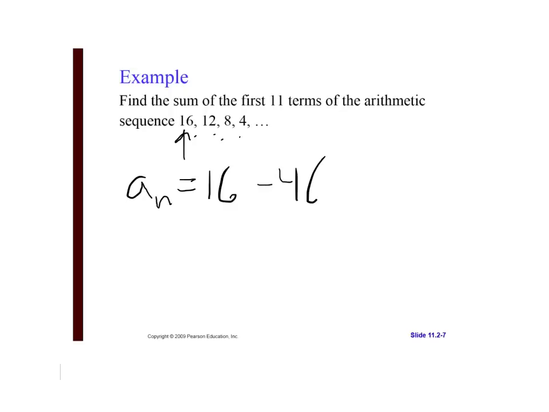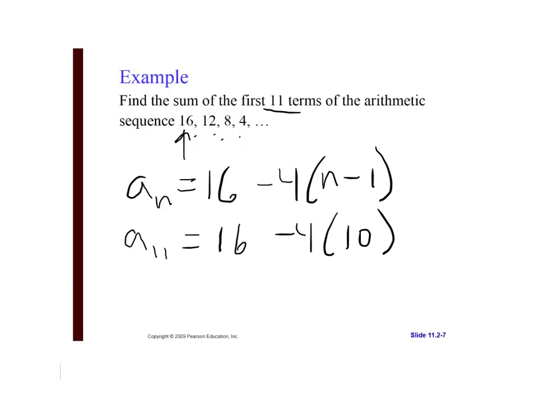Looks like it's dropping by 4. So that's my explicit formula. I need to find the 11th term in order to be able to find the sum. So 16 plus negative 4 times 11 minus 1 is 10. So let's see, what is that? 16 minus 40. If I'm doing my arithmetic right, that should be negative 24.